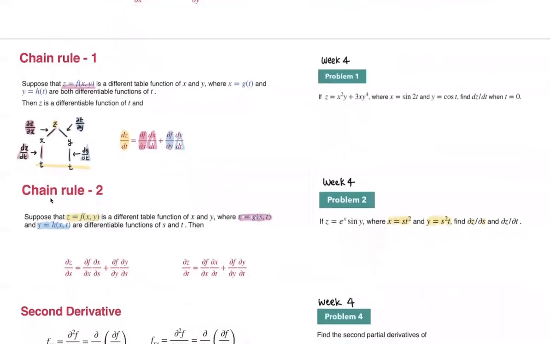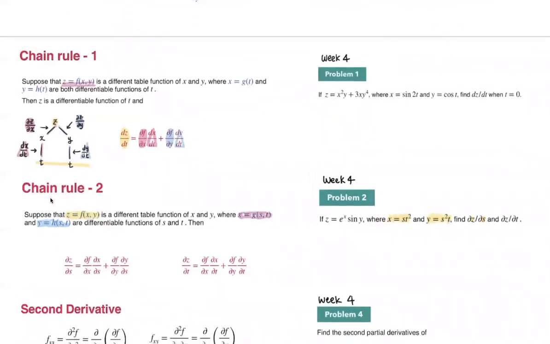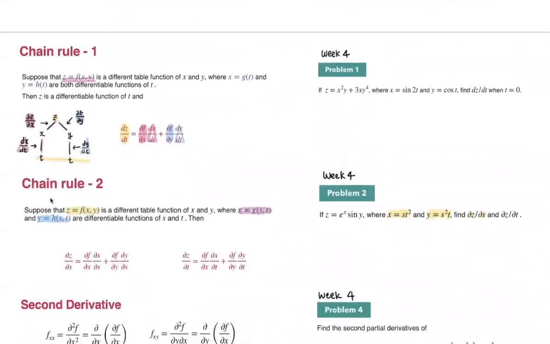And we learned the chain rule, right? I wrote chain rule 1 and 2, but the main ideas are the same. So if you think the function z is a function of x and y, we just put x, y like this. And you can see here x is a function of t and y is a function of t.